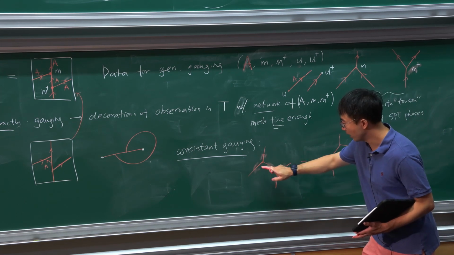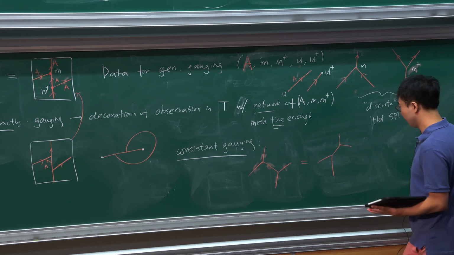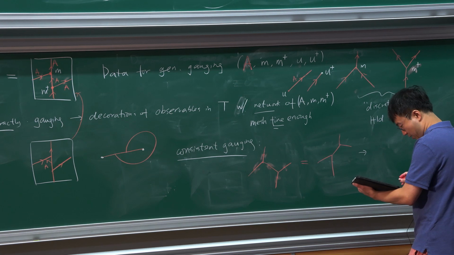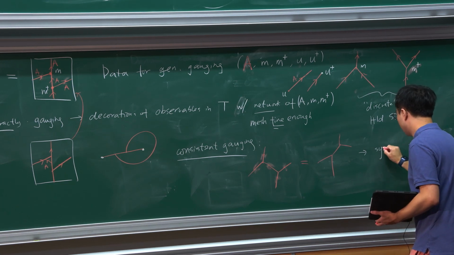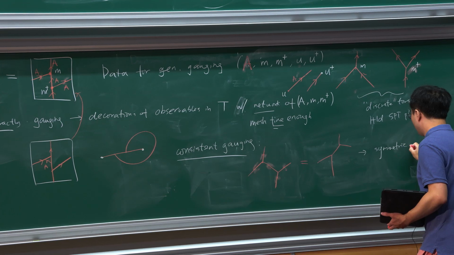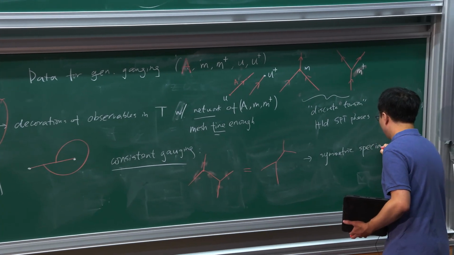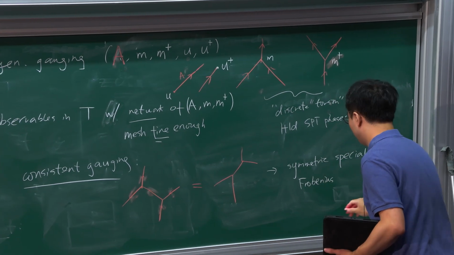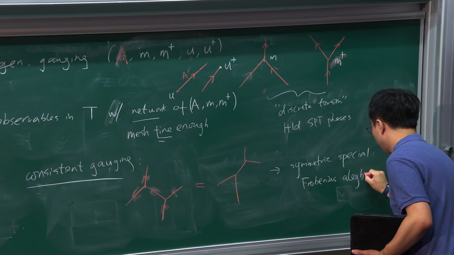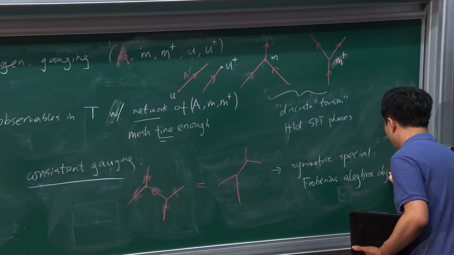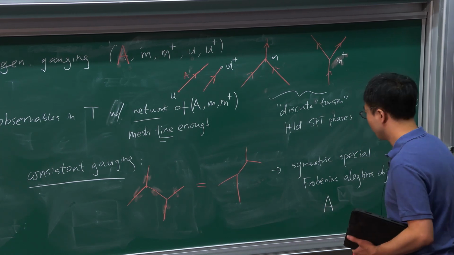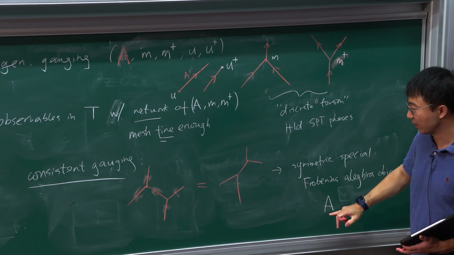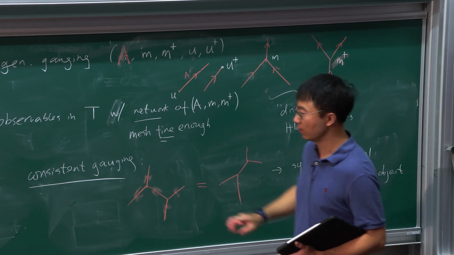And by choosing the orientations, it leads to this set of conditions that defines the symmetric special Frobenius algebra object A. Okay, so all these words in the front specify consistency conditions on A, such that what I said is true.